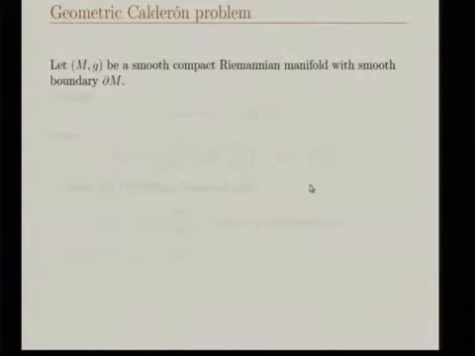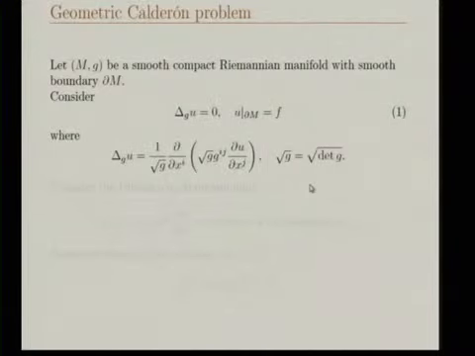So then what we do is consider the geometric version of this problem, and I call it the geometric Calderon problem. It's not something standard, I just coined it for here. You consider a smooth compact Riemannian manifold with smooth boundary, which has this nice geometry, and then we consider the Laplace-Beltrami operator with Dirichlet data.